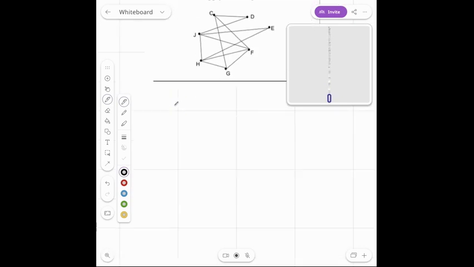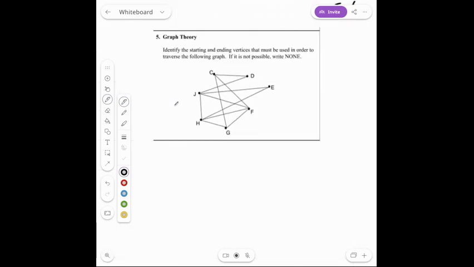Identify the starting and ending vertices that must be used in order to traverse this following graph. If not possible, write none.